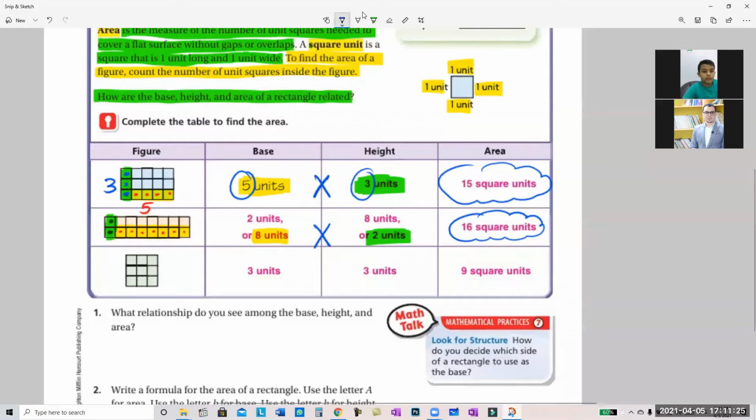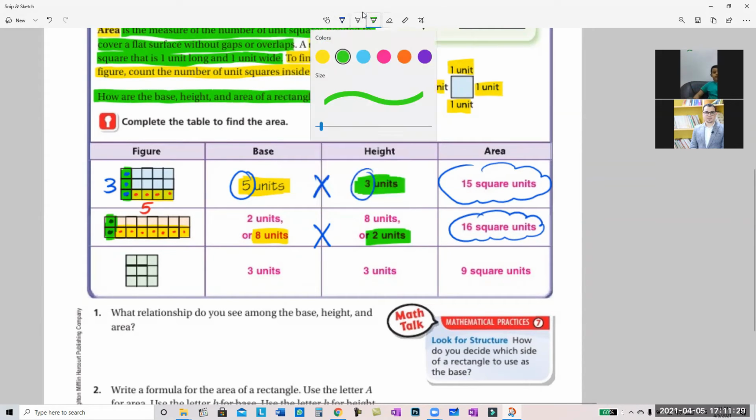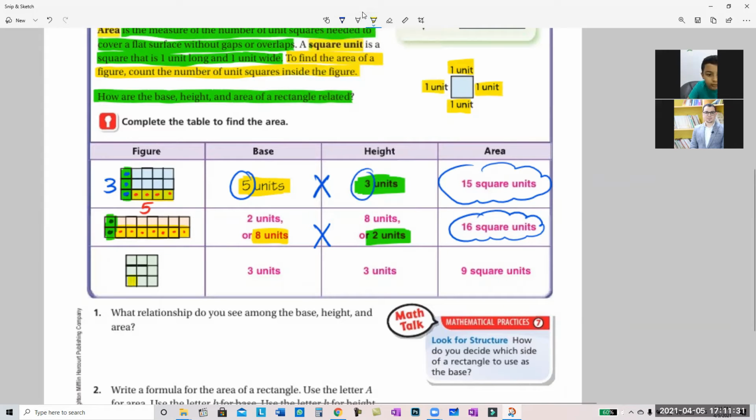The next one, the same thing. Let me count the base units. 1, 2, 3. So we have 3 units as base. And what about height? 1, 2, 3. We have also 3 units as height.